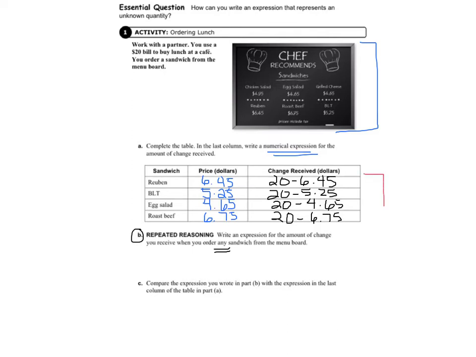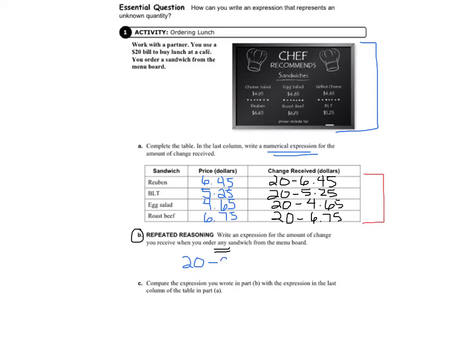So let's look up here, and we see that we have 20 in each of them. And we see that each of them is subtracting a number. But the number that varies is the price of the sandwich. So that's where we're going to put a variable.